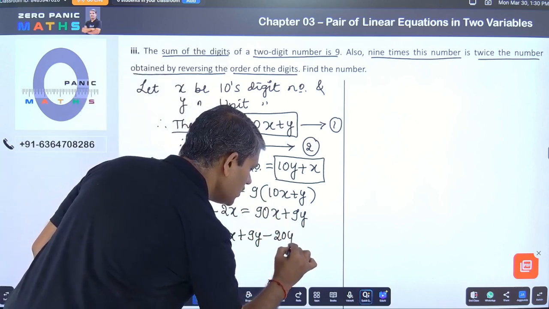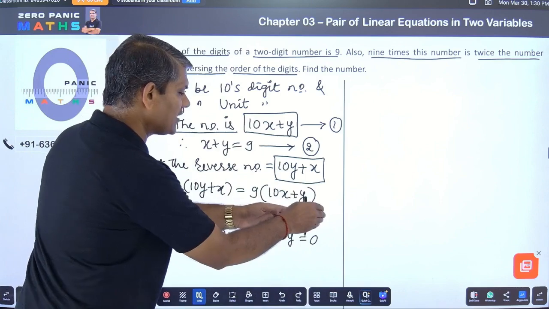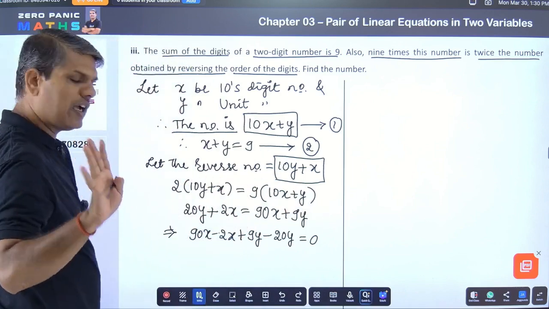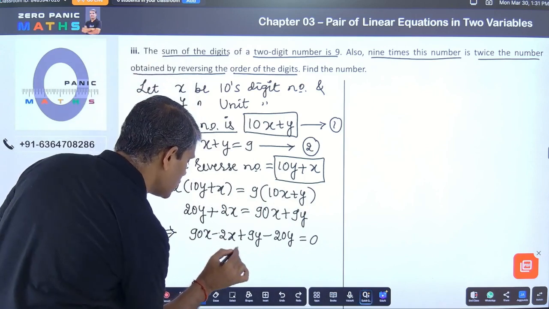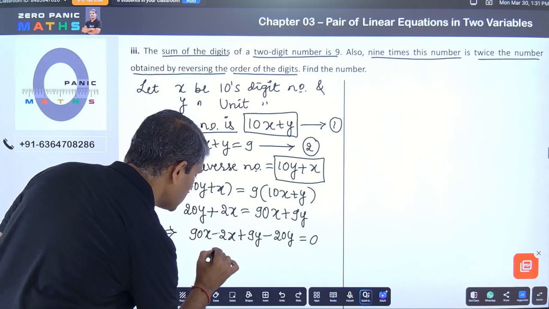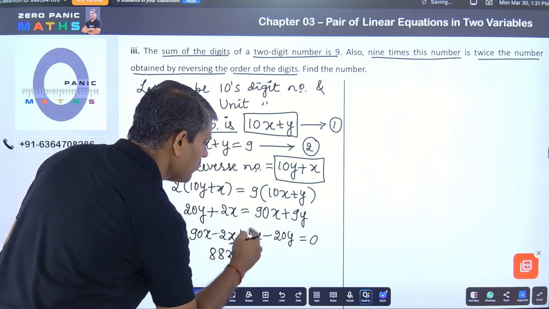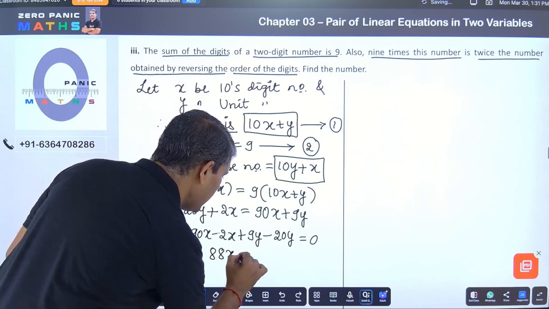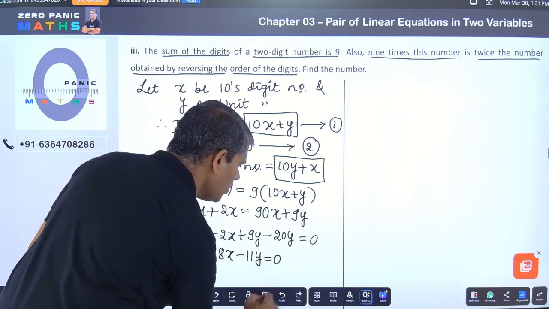Minus 20y is equal to 0. I've taken both to that side and reversed it, just to keep the value of x as positive, nothing else. So 88x and 9y minus 20y is actually minus 11y is equal to 0.